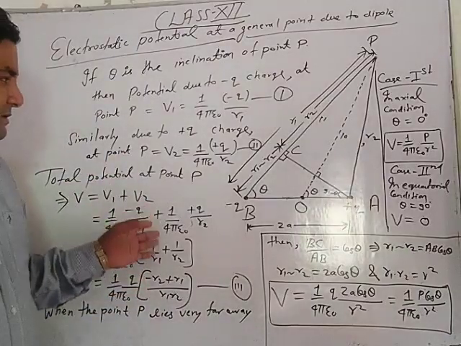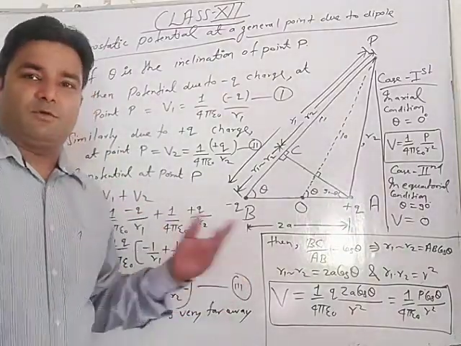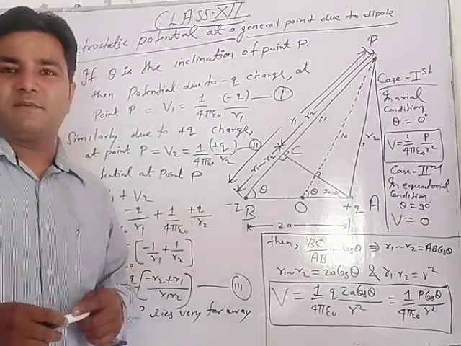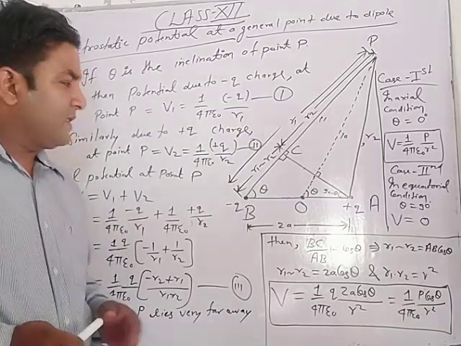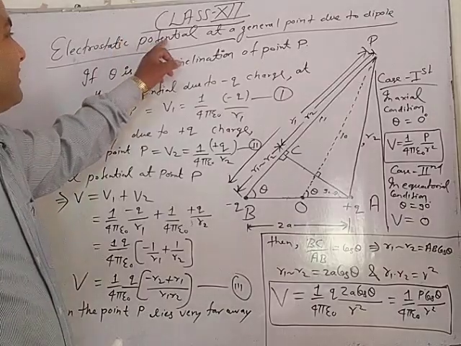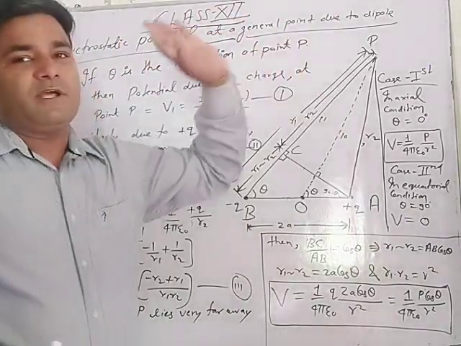And this derivation is a very easy method. In some books, that is in Pradeep and in the NCERT book, the derivation is too lengthy, so you will follow this method, and this is the simplest method to solve for the potential at a general point due to a dipole.